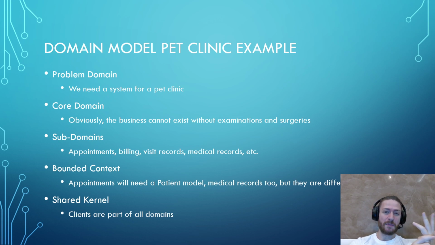The appointment needs a patient, which is the animal which will be examined, for example, and we have a medical record which again has a patient, the animal which was examined 2 weeks ago, for example. So these are two responsibilities, but they all have the same model. These models in the classes in our system are different. These classes should be different.